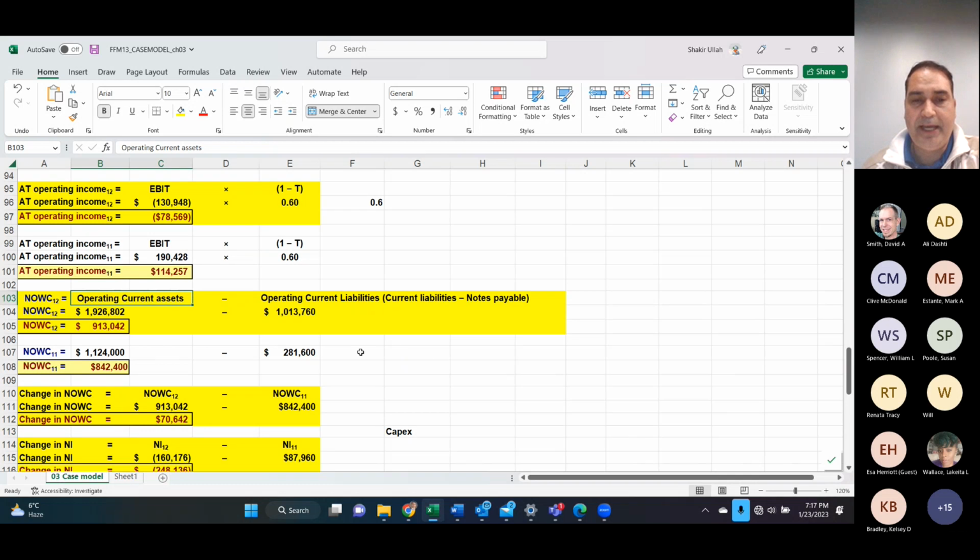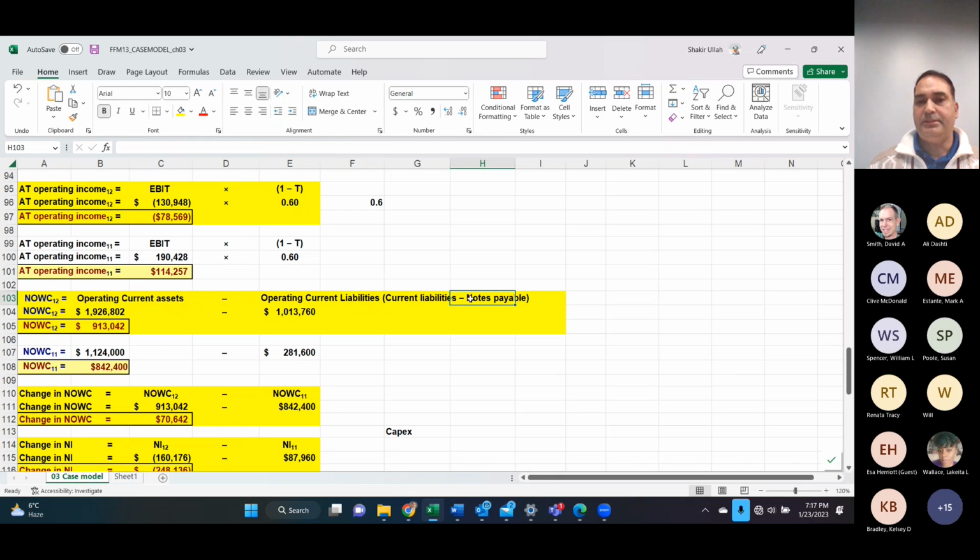In your question, the scenario given is that the cash is excess and is not used in operations. So when you calculate the operating assets, you take the total current assets and then remove the cash, because the question clearly says that cash is not an operating asset in this case. On the other hand, we take the operating current liabilities.